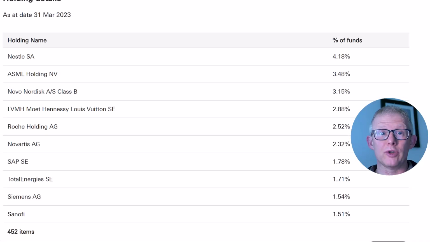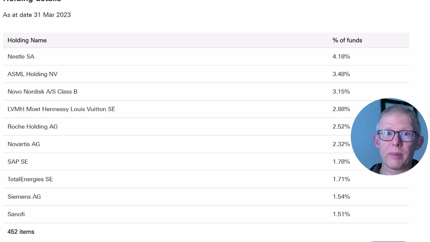Then when we jump on and have a look at the holdings, remember there's 453 stocks within this ETF, and the top 10, many of them are household names. So we have Nestle, ASML, we also have Moët Hennessy, Louis Vuitton, and then SAP and Total Energies and Siemens.